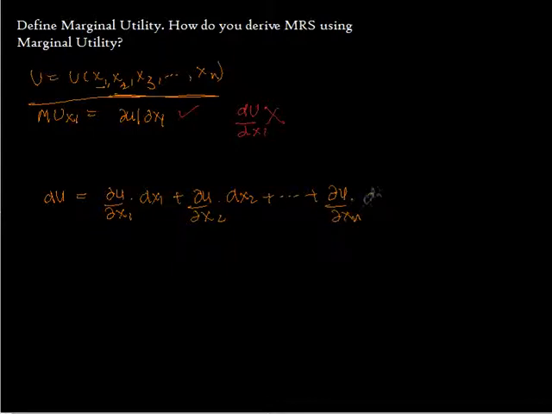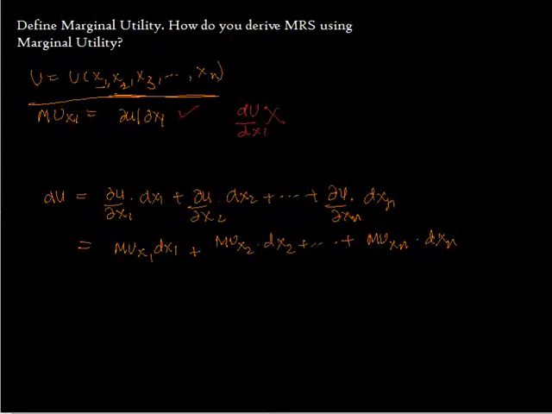But del u by del x1 is MUx1, del u by del x2 is MUx2, and so on. So this is the extra utility obtainable from consuming more of x1, more of x2, and so on. That is the sum of the additional utility provided by each of these increments.